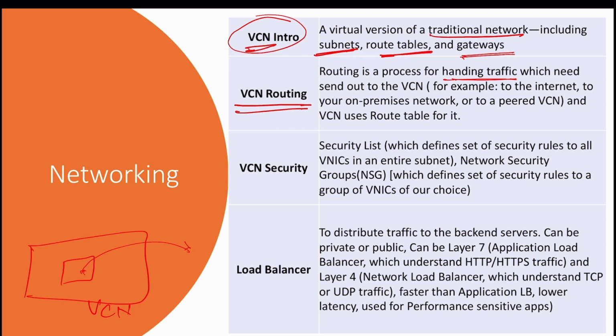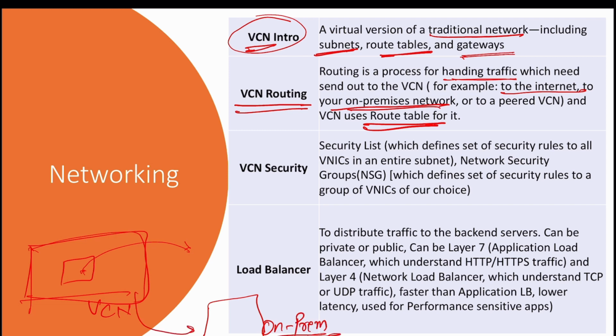It will be defined by the route table. So where our traffic will move, to the internet or your on-premises network as well. Like your VCN is in the cloud and you want to make a connection to your own organization, that is known as the on-prem data center. When you have the connectivity, the route table comes into the picture, and whenever the traffic is moving between them, it's known as routing.